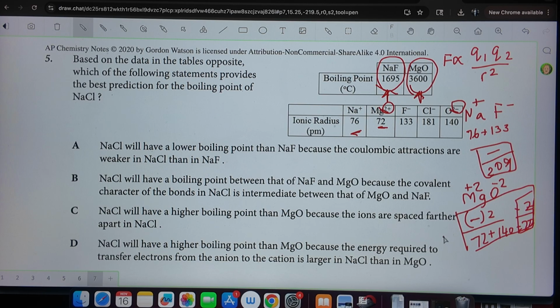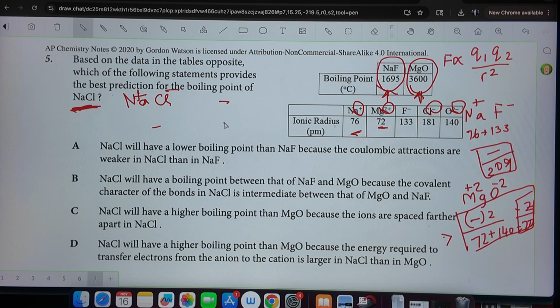All right, so greater. But now we're comparing it between these two. Now we have to look at NaCl and see where NaCl falls in all of this. So let's write NaCl. Off the bat, Na has a positive and Cl has a negative, so positive and negative will give you overall negative.